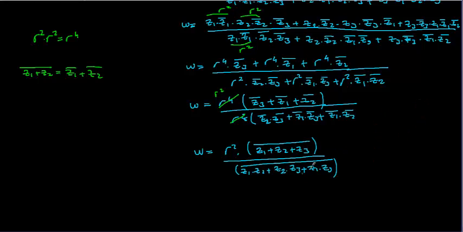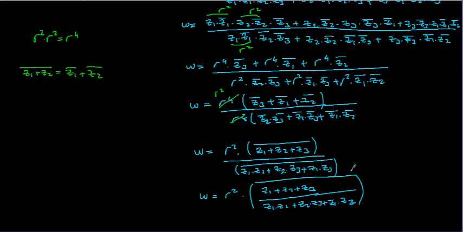Okay, what is this expression here? This is the last part. Now this is W is equal to R squared times Z1 plus Z2 plus Z3 all over Z1 times Z2 plus Z2 times Z3 plus Z1 times Z3 conjugate.